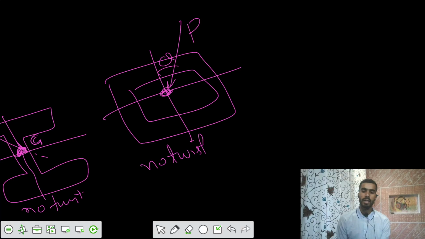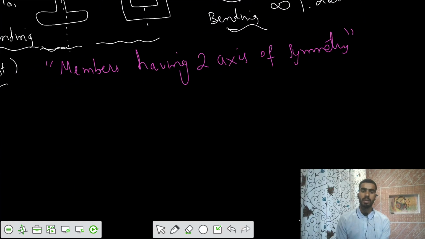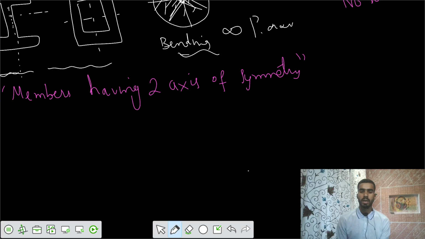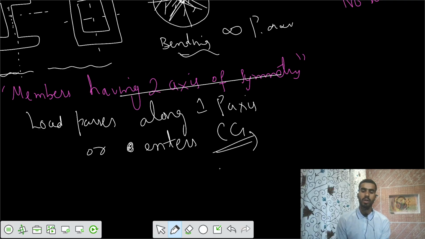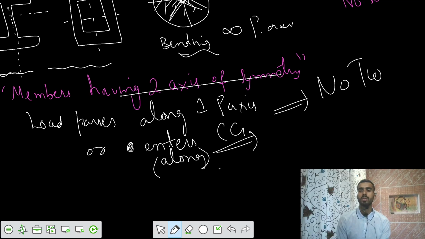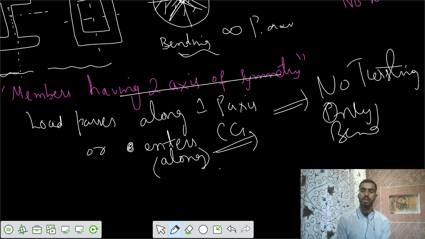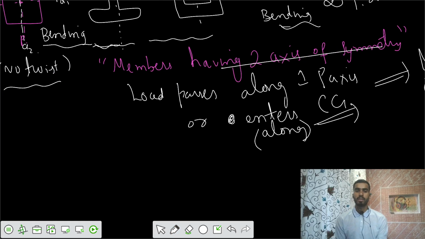So we can write that statement: if the members have two axes of symmetry, and load passes along one principal axis, or it enters the CG, there is no twisting of the section. Only bending is possible.